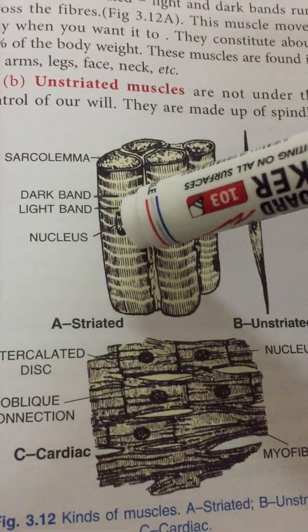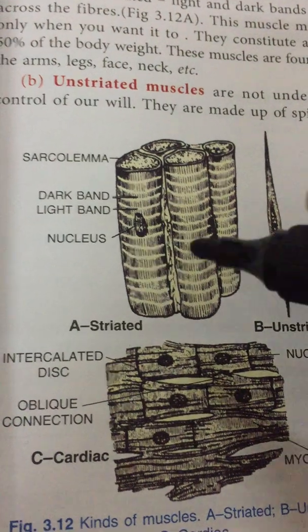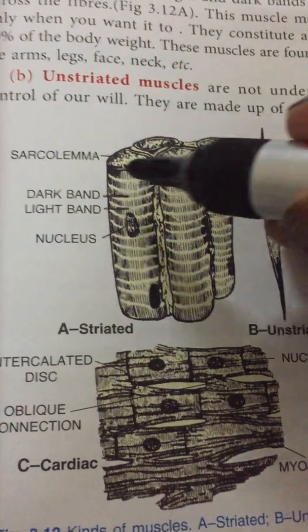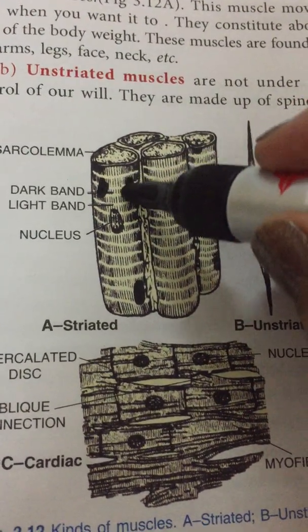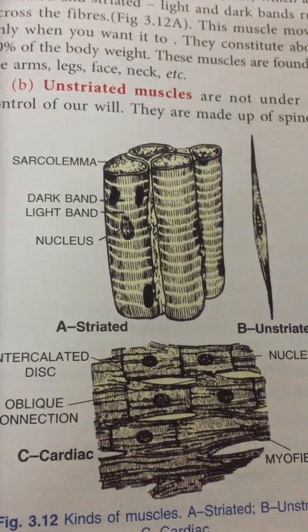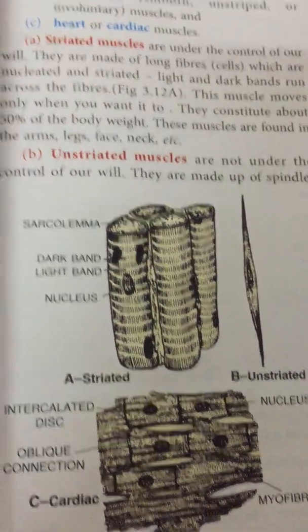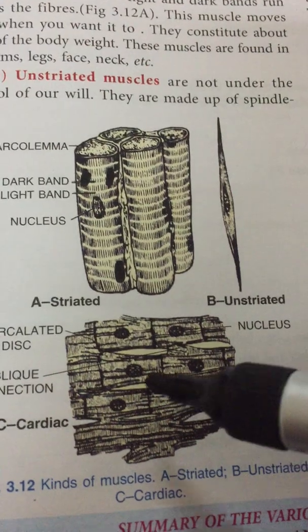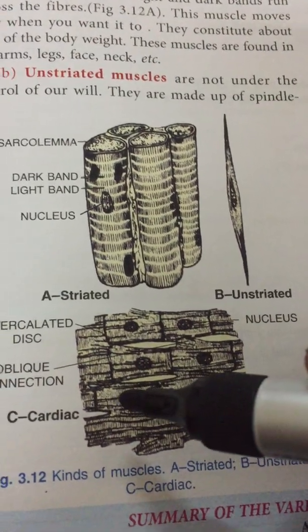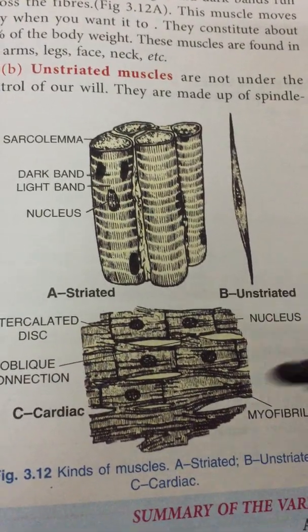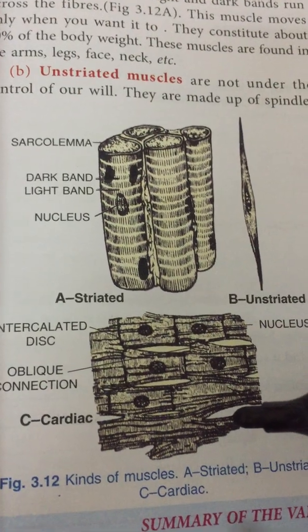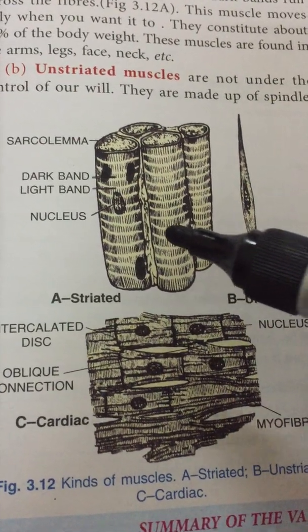Now a striated muscle can have more than one nucleus. Usually more are present here. So such muscles are called multinucleate. Whereas here in one cardiac cell we find only one nucleus, so they are uninucleate. Another structural difference between striated and cardiac.